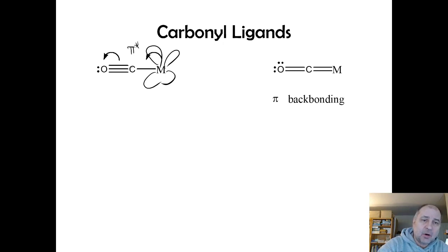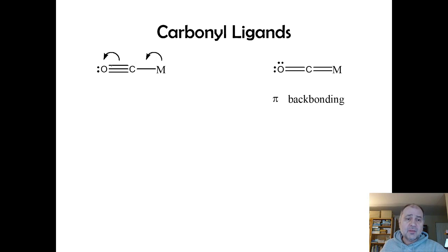So that's an anti-bonding orbital from molecular orbital theory, which we'll revisit at some point and look into more detail. But if you have a transition metal that has electrons in an orbital that's not engaged in bonding, it can donate electron density into that pi star orbital, and it will push that triple bond back onto the oxygen, the electrons from that third bond, from that pi bond, and have more of a double bond character.